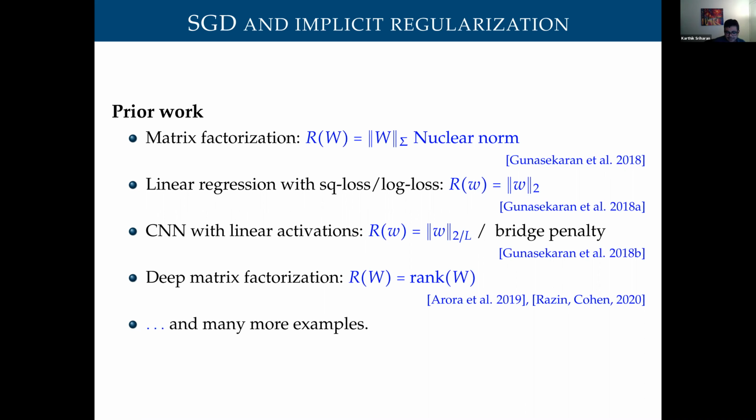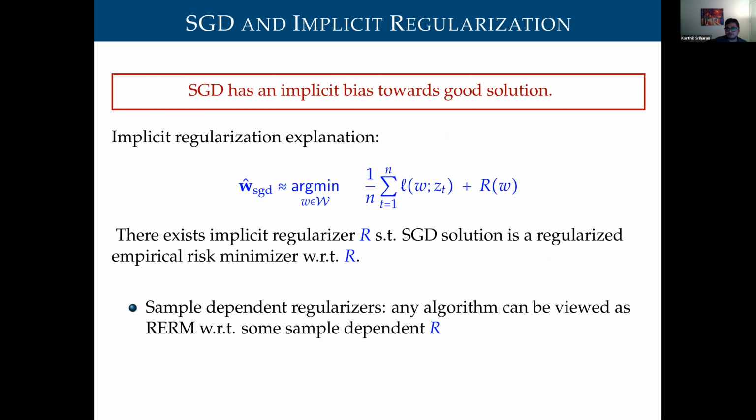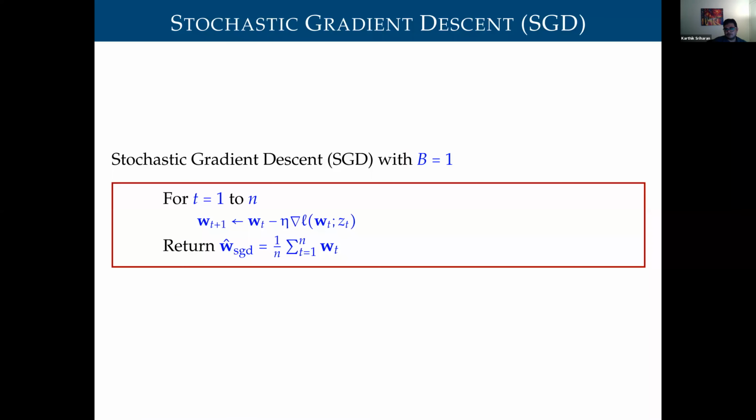What implicit regularization means is that the algorithm that we are running is SGD, right? This algorithm does not know anything about capital R. It just takes this gradient step. You just run this for n rounds or whatever, and then at the end of the day, you look at your solution.